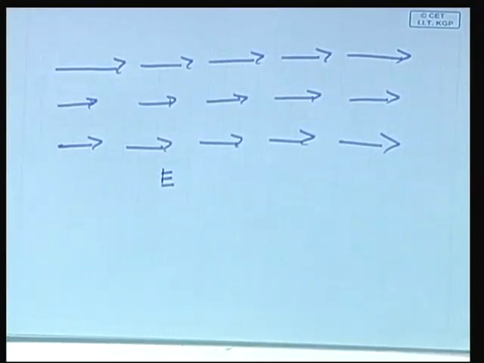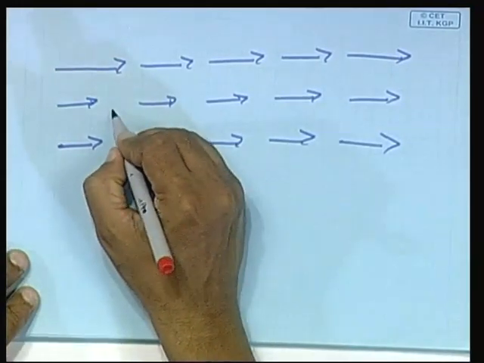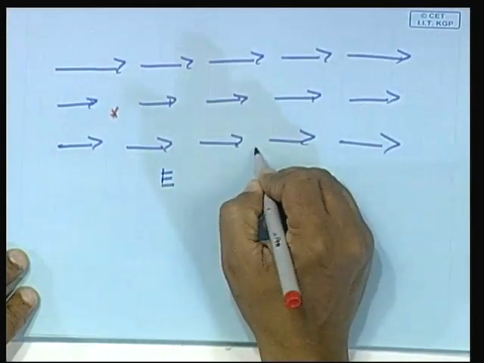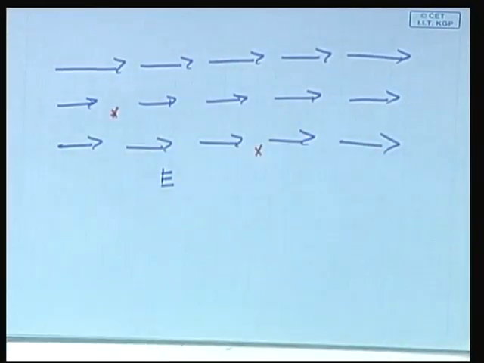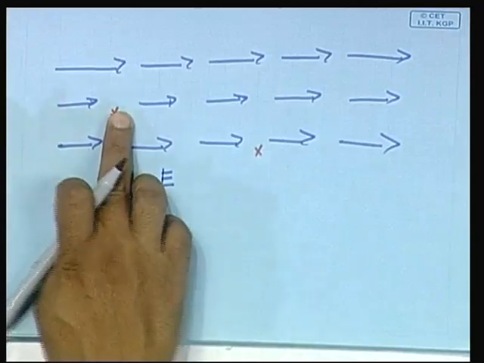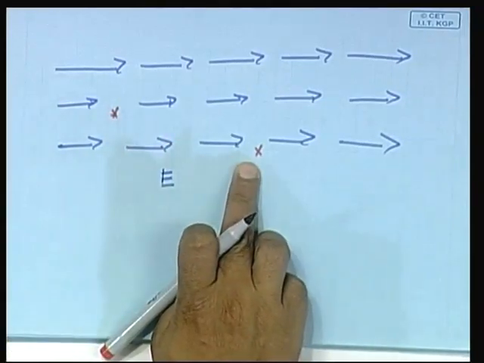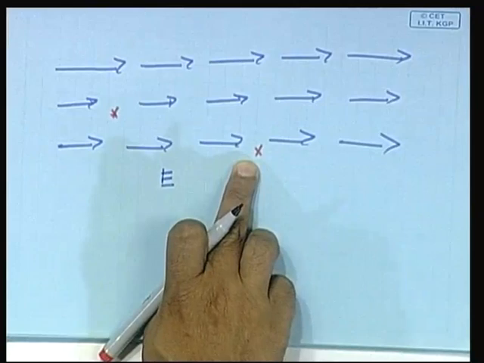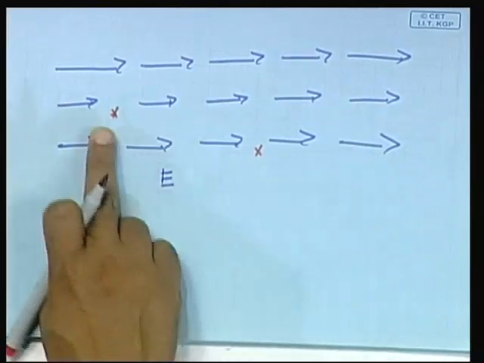How do you determine whether something is homogeneous or not? Consider an observer over here and an observer somewhere else. Is there any difference between what this observer sees and what this observer sees? No. So is it homogeneous? Yes.